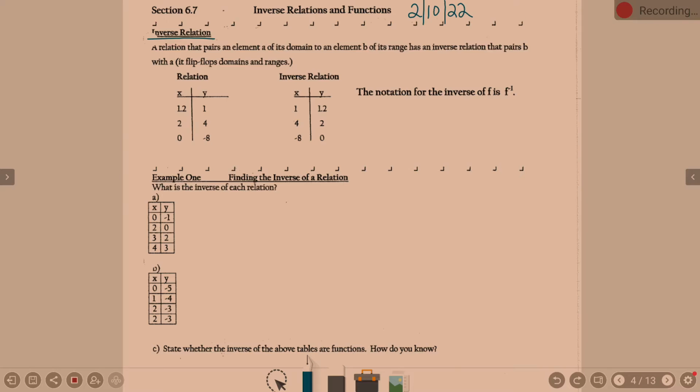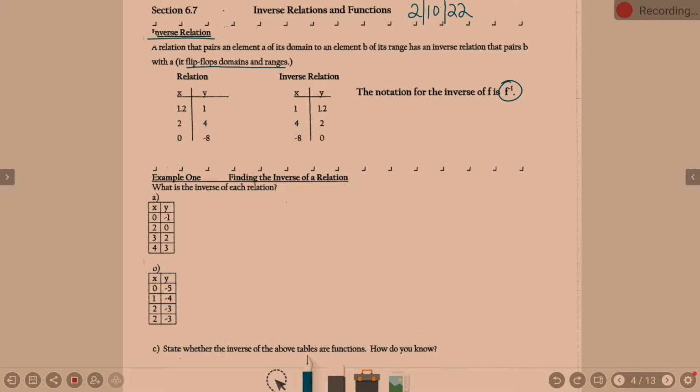So when I ask you to find inverses, you're just switching x's and y's. Now, do notice you will usually see for inverse notation, it's f, and it looks like it's to a power of -1. But that is your inverse relation. We are just flip-flopping our domains and ranges.